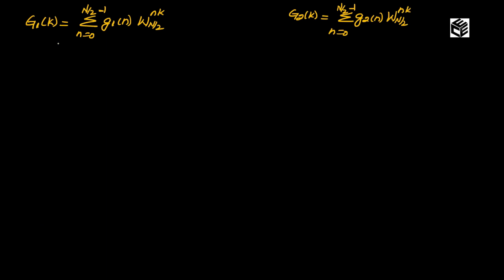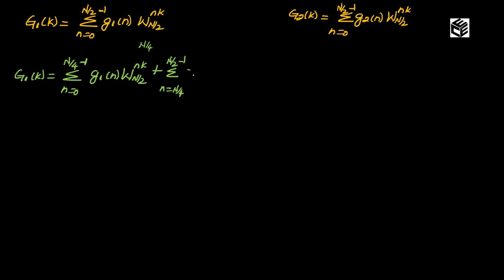Now I am going to split this summation, which means I am going to compute this for an N by 4 point. So my answer will be g1 of k equal to summation n equal to 0 to N by 4 minus 1, g1 of n W N by 2 power nk, plus summation n equal to N by 4 to N by 2 minus 1, correct, g1 of n W N by 2 power nk.